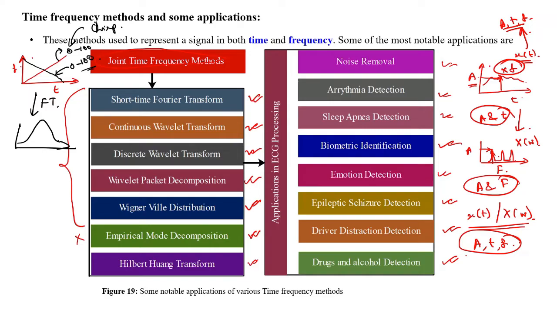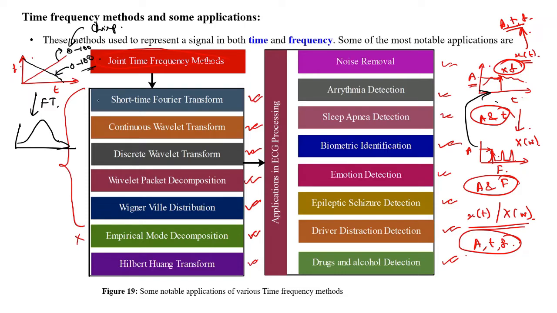Now, Fourier transform is a very good transform. Still, it is used, but the fallacy is over here. If there is a time varying signal, that means with time the frequency changes, then from this frequency domain, if we perform the inverse Fourier transform, we should get back the original signal.